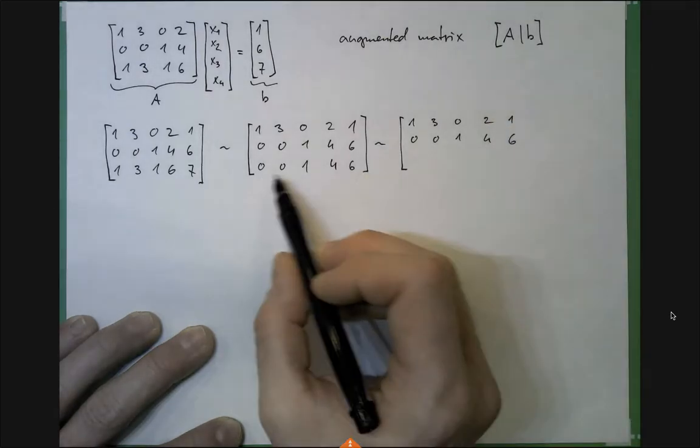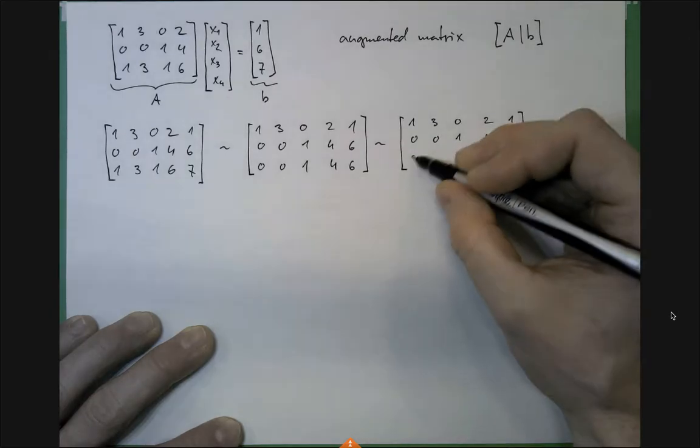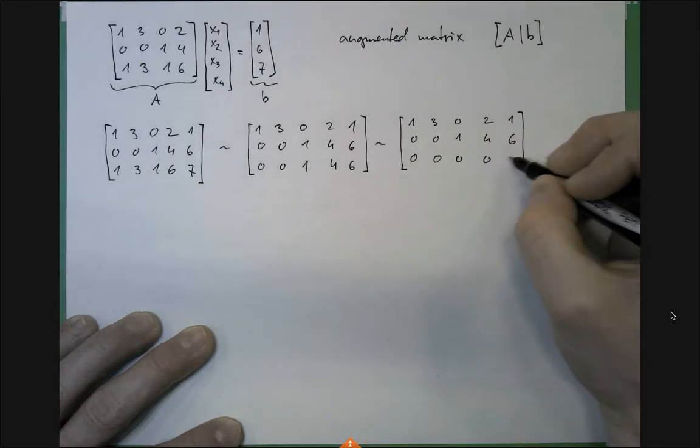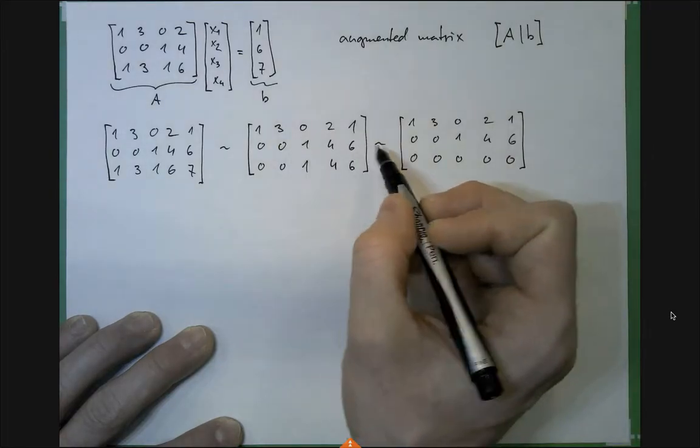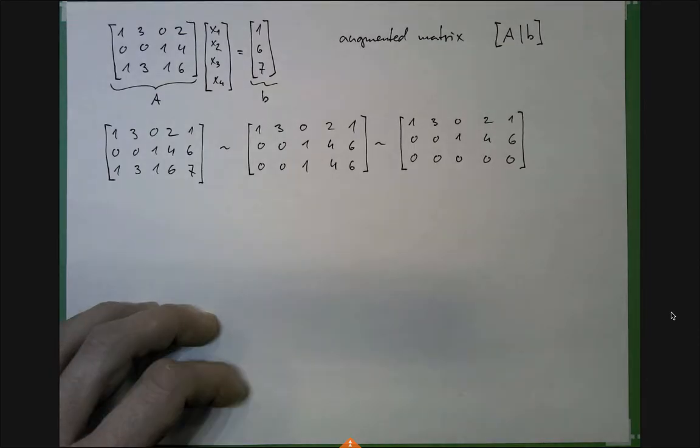So now I'm eliminating the last row, right? What will I get there? What shall I write there? All zeros, that's exactly right. Because I just multiply the second row by -1, add it to the third row, and it all disappears, which is beautiful.